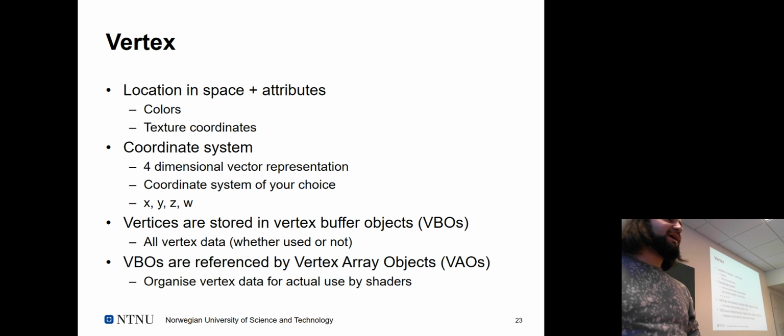To draw a parallel, a VAO, vertex array object, is like a program, for example Microsoft Word, that has some protocols for how to read the data, while a VBO, vertex buffer object, is the actual text typed by us and stored in a docx file. So a VBO stores actual numbers like vertex coordinates in space, while a VAO has information on how this data should be read, interpreted and understood.